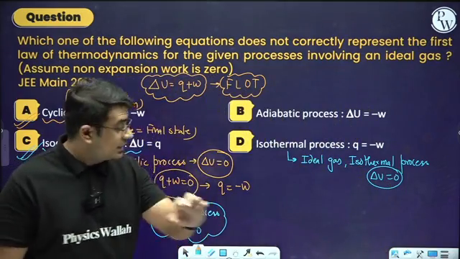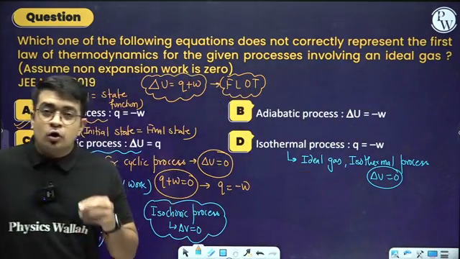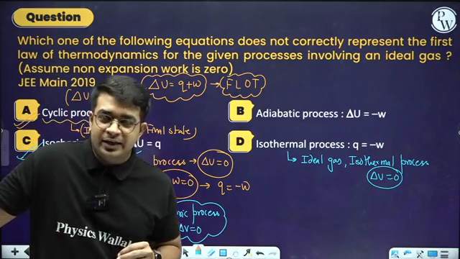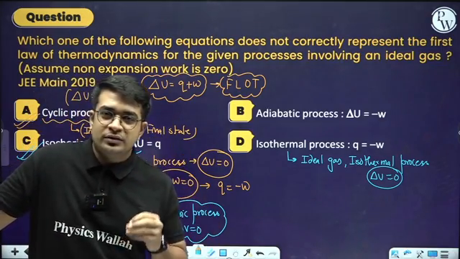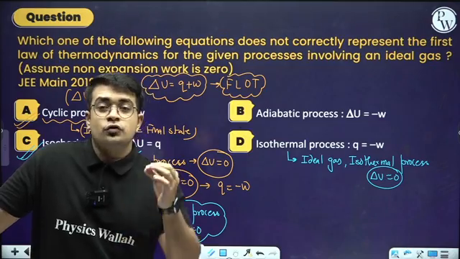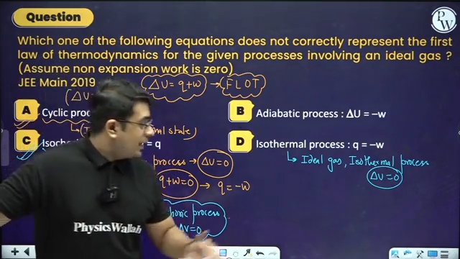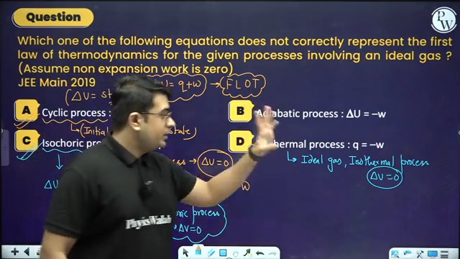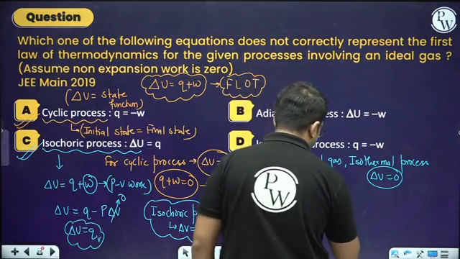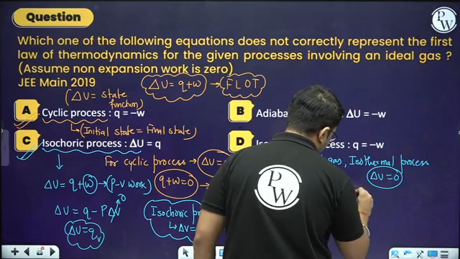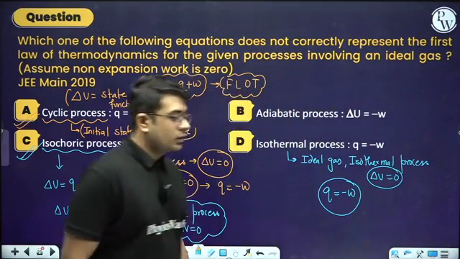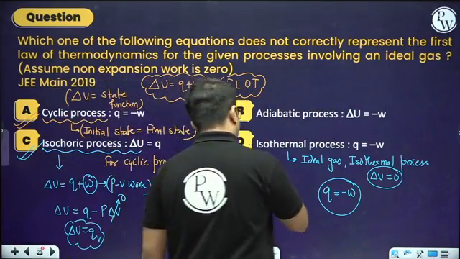In an ideal gas, potential energy is not involved, because there is no force of attraction between the ideal gas molecules. It only depends upon the temperature, and the temperature is constant, so delta U will be 0. If that holds true, again Q will be equal to minus W. So that part is also true.